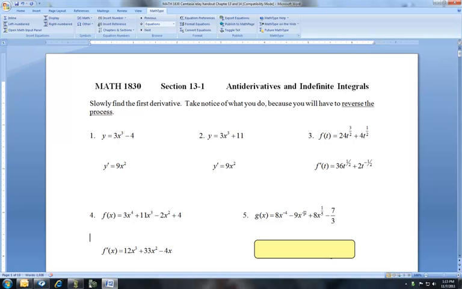Remember, we subtract. Negative 2 times negative 9 gives me an 18x to the negative 3. 1/5 times 8 would be a positive 8/5 x to the negative 4/5. So take notice of what you do. We multiply, we subtracted.